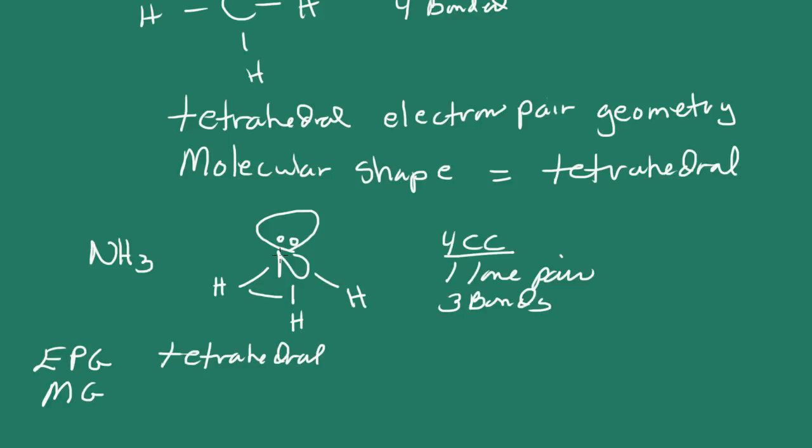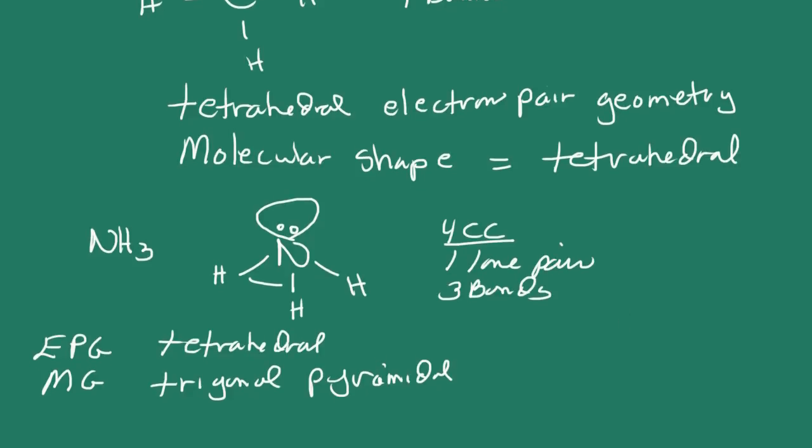So it compresses, because of the lone pair, we have compression of the rest of the molecule. So the molecular geometry is not the same as the electron pair geometry. So in this case, for ammonia, it's trigonal pyramidal. Okay, so that's for ammonia.